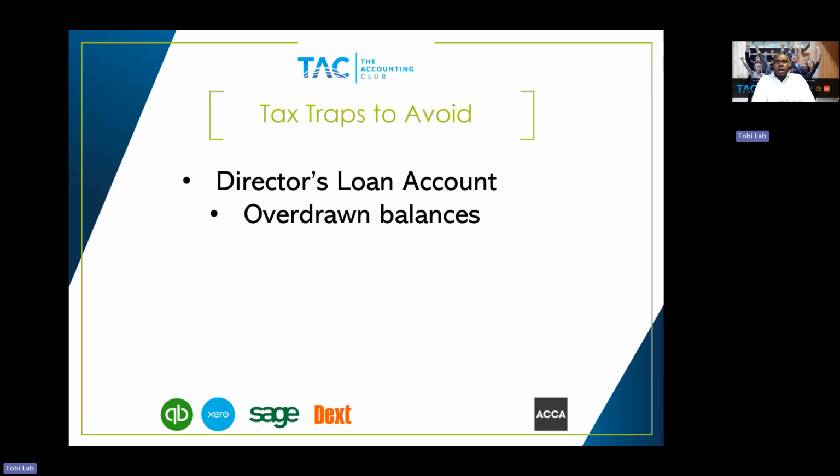A director's loan usually consists of funds that are drawn out of the business, not in the form of salary, expense reimbursement, or dividends. So let's say you take out a salary of £1,000 and dividends of £1,000, that's £2,000.